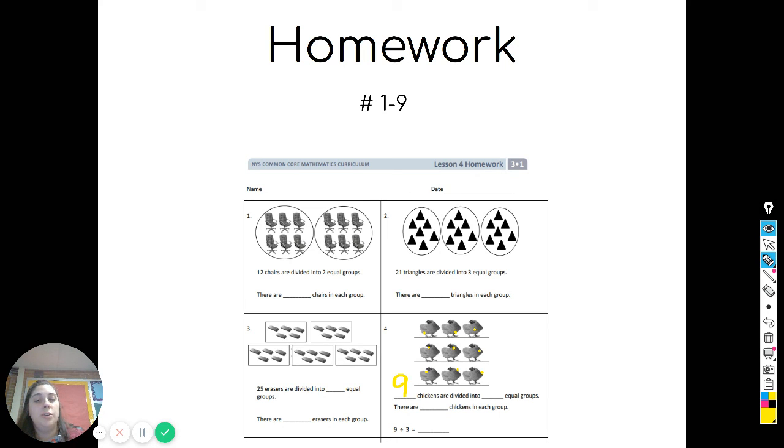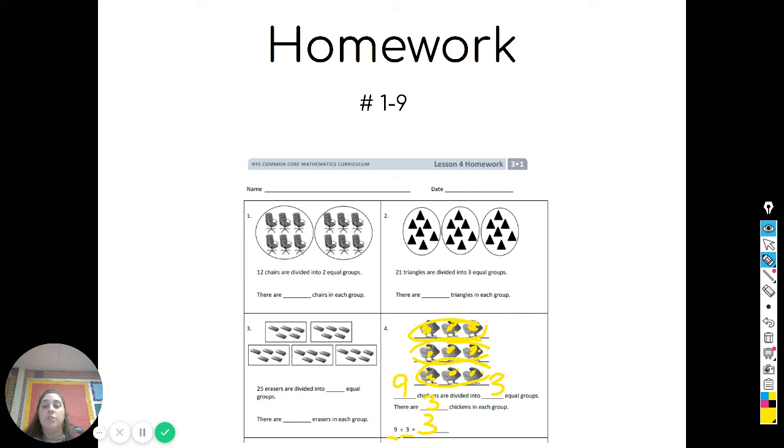And they're divided into 1, 2, 3 equal groups. There are blank chickens in each group. 1, 2, 3. Well, there are 3 chickens in each group. So 9 chickens divided into 3 groups equals 3 chickens per group.